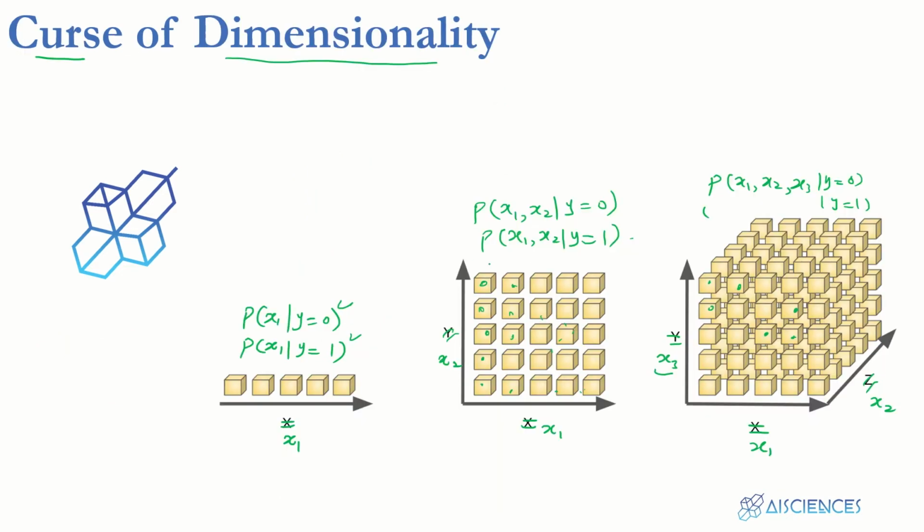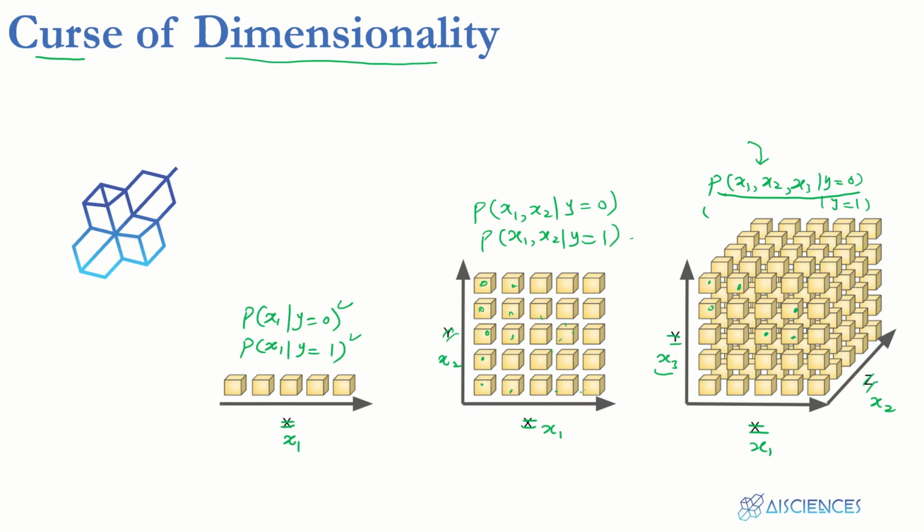But if your number of features becomes large, then the number of sample points needed increases exponentially with the dimensions of the feature space. And that's a big problem, because then estimating this joint distribution becomes a big hurdle, because the availability of data, the sample points, compared to the number of features in the data, is not guaranteed.